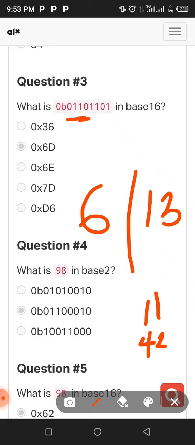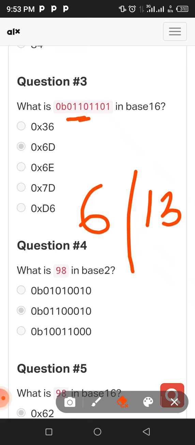Now we see that we have 6 and 13, which is our answer for those two numbers. But you notice I made mention that in base 16 we have 0, 1, 2, 3, 4, 5, 6, 7, 8, 9. Then when it gets to 10, instead of 10, it was replaced with what?